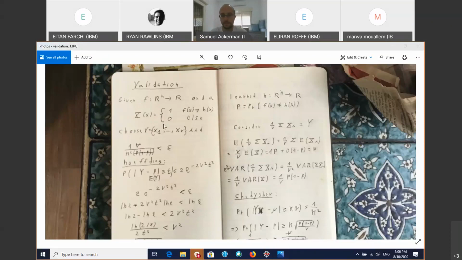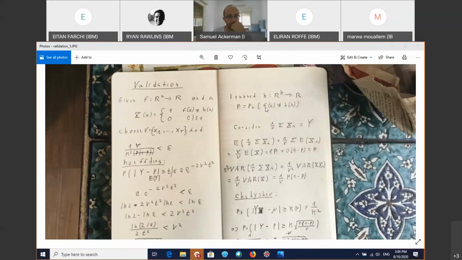And what we are interested in here is simply the probability that in the future, when we deploy h and use it, we make a mistake on a specific data point, meaning h of x is different than f of x. So we're only interested in that probability.